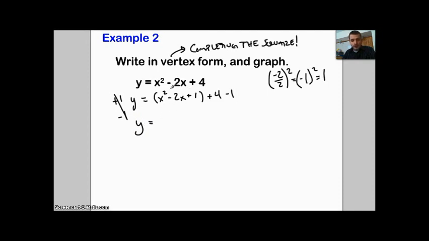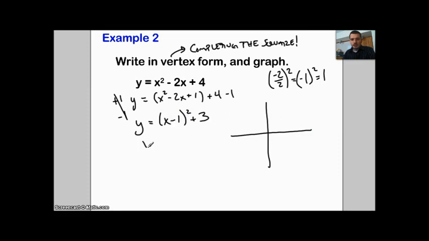Again, I'm going to write this as a perfect square, so it'll be (x minus 1) squared. And then 4 minus 1 is 3, so +3. I don't have a graph here, so I'm just going to make a graph. So here's my graph.